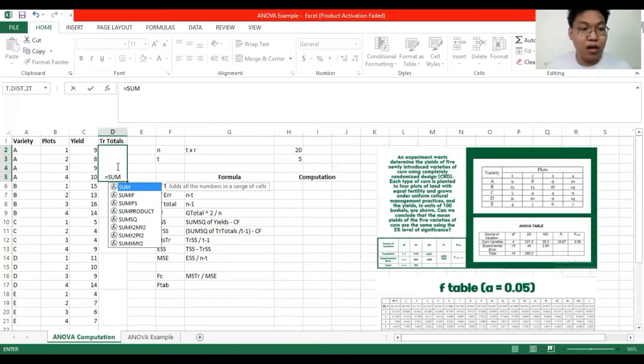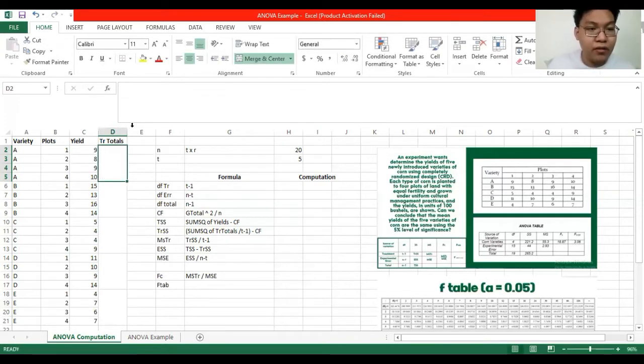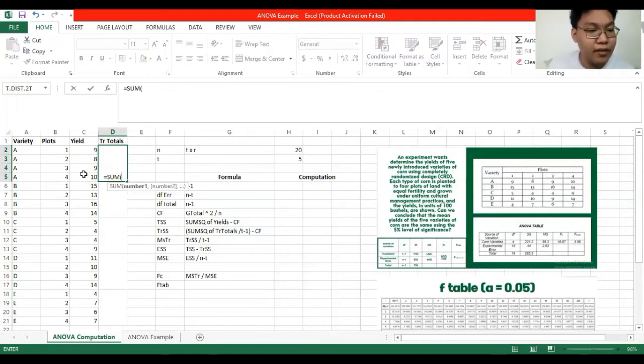So let's go for sum, and then we will highlight. Okay. So this would be equals sum, then you're going to highlight these 4.